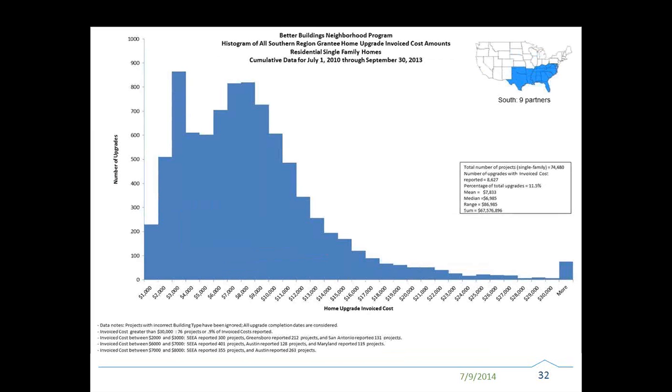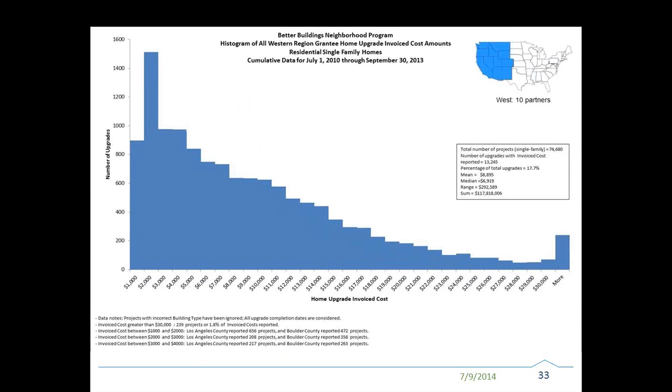And then the Southeast, the mean was around 7,833. Did have a lot of projects in the 2 to 3,000 range. They tended to be out in the Southeast, Greensboro, and San Antonio.